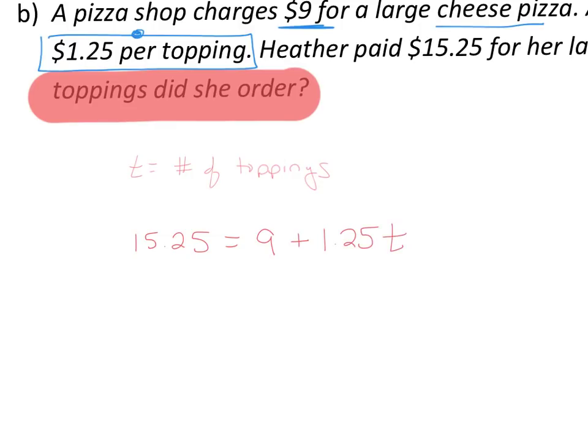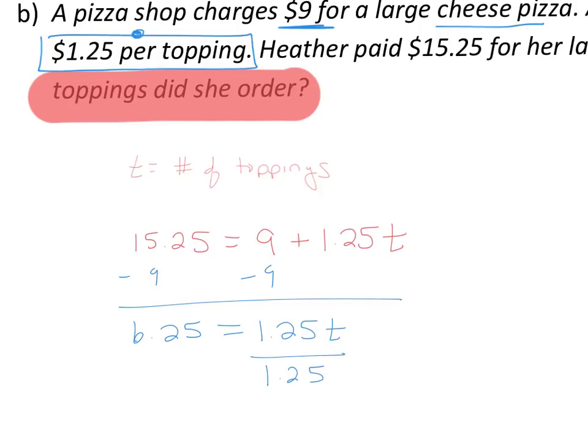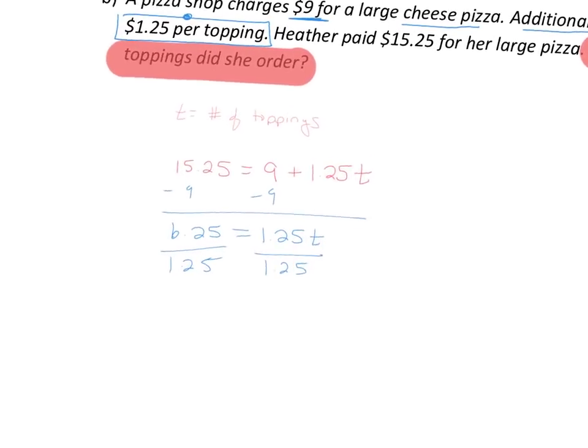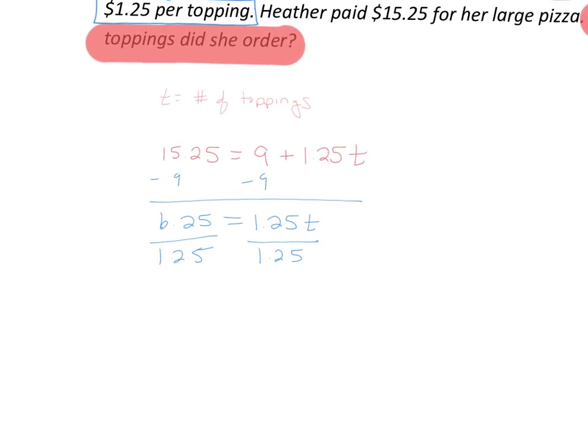All right, now you're going to solve. We're going to start by subtracting that 9 over, so we end up with $6.25 equals $1.25 T. Now we're going to divide by $1.25 on both sides, and when we do that, T is going to equal 5.